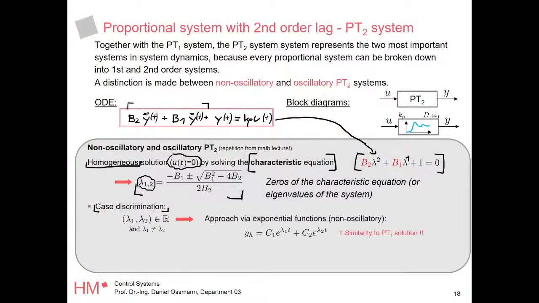Okay, so the first case: we say the square root is positive, then our lambda 1 and lambda 2 are real. Don't be scared, this is just a mathematical writing style. That means you get real values. So for example, lambda 1 is -1, lambda 2 is -5, something like this. If they are both real, you know that your homogeneous solution looks like this.